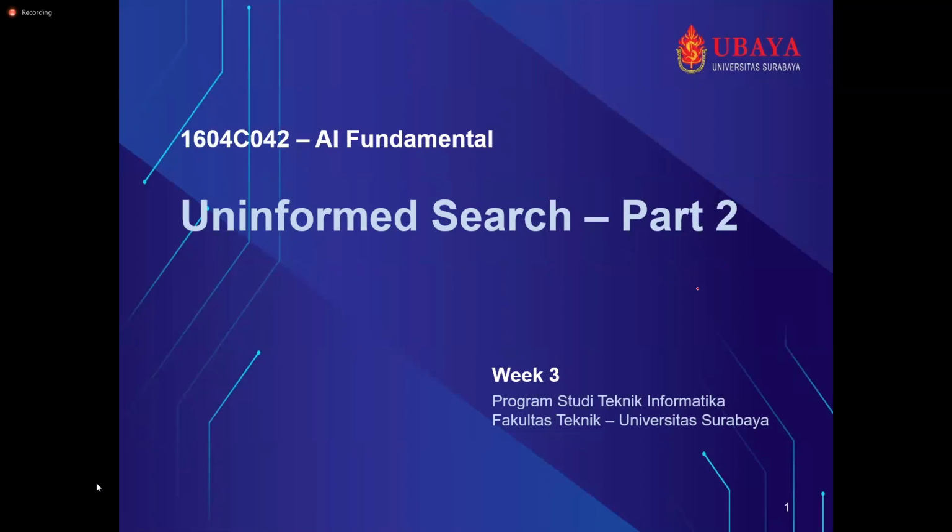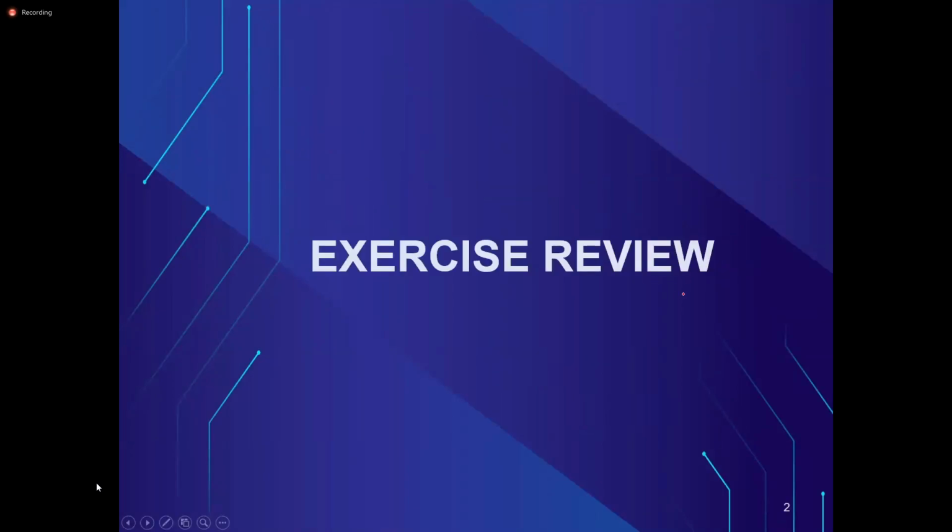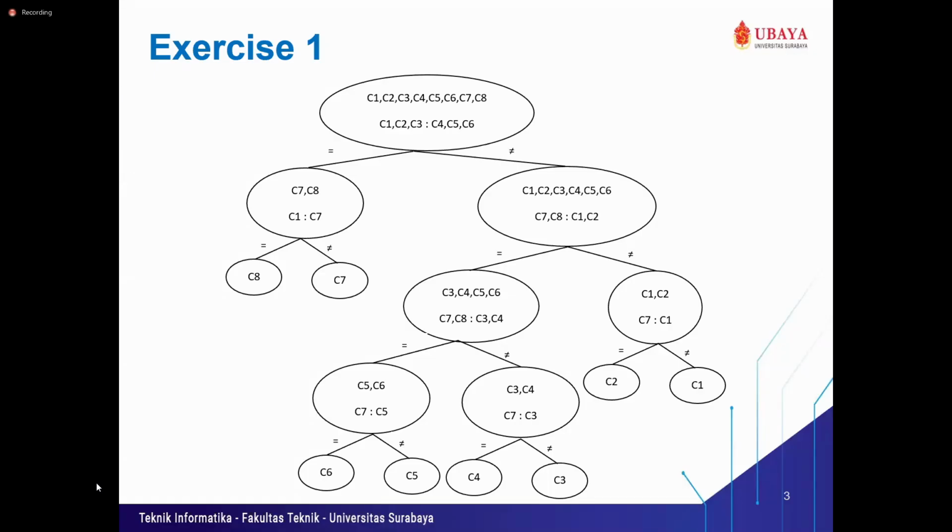It's about coins, right? So we will review our exercise for a bit. The first is exercise 1, the false coins. You were tasked with completing the remaining options. The right one is already completed, if I'm not mistaken.